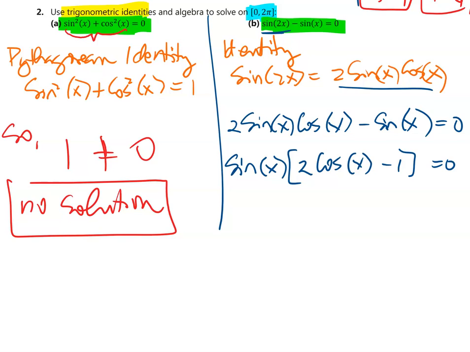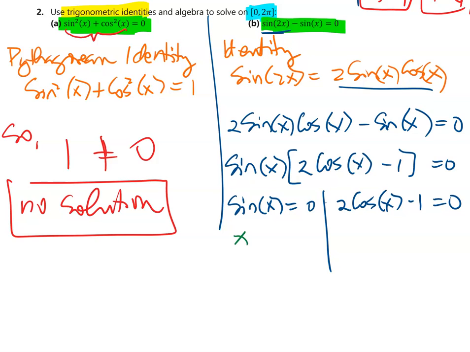And then, since we have these two factors, we can set each factor to 0. So sine of x is equal to 0, and 2 cosine of x minus 1 is equal to 0.